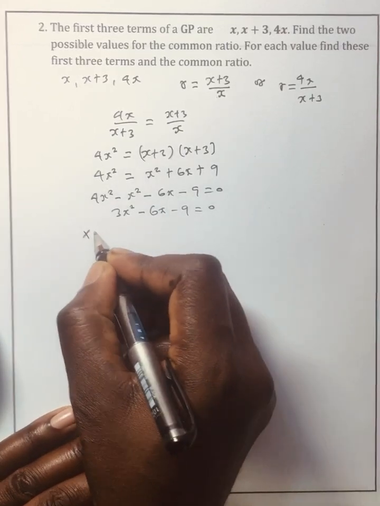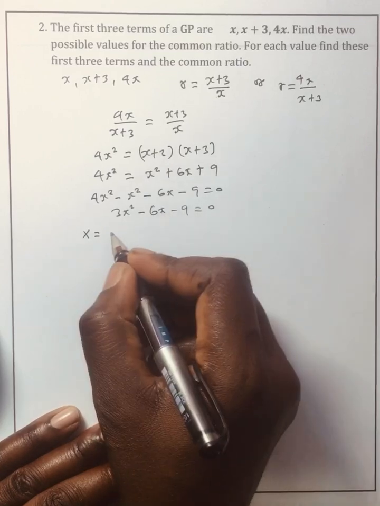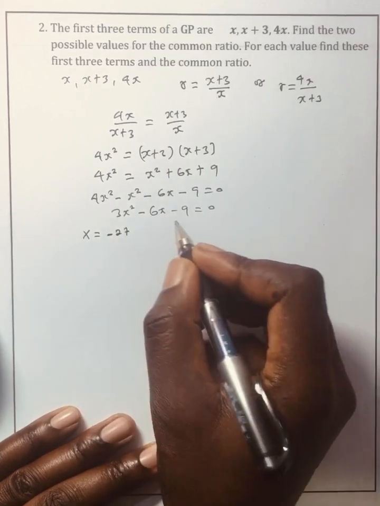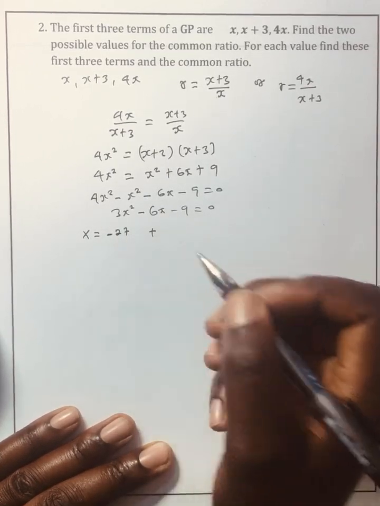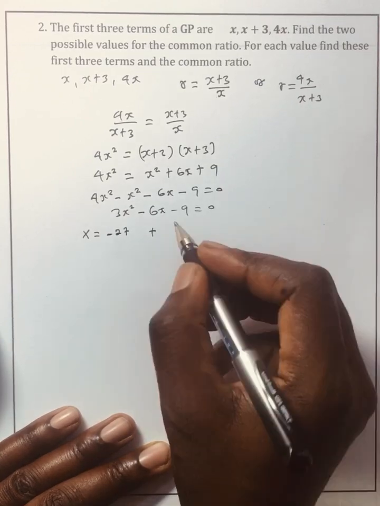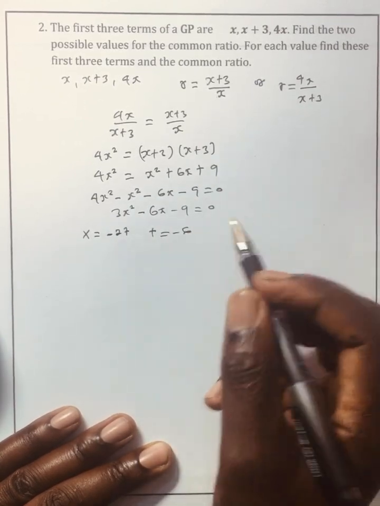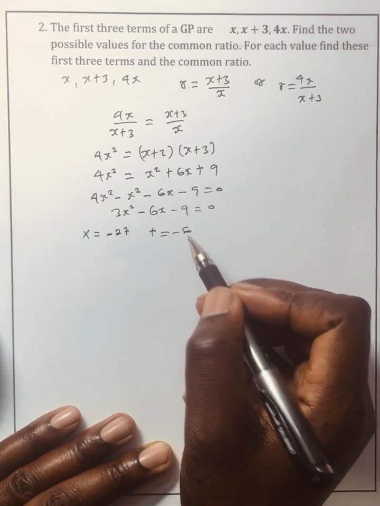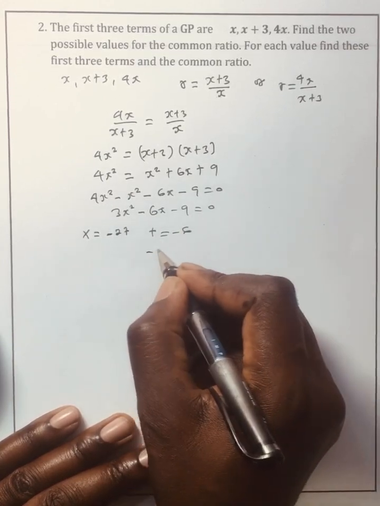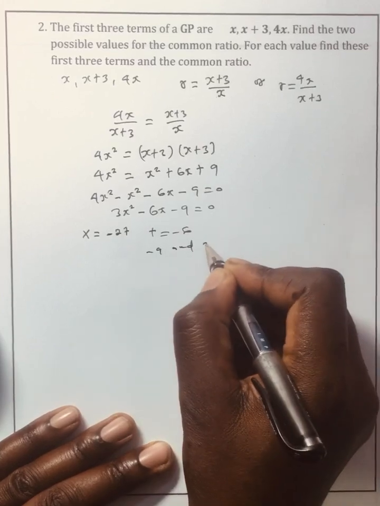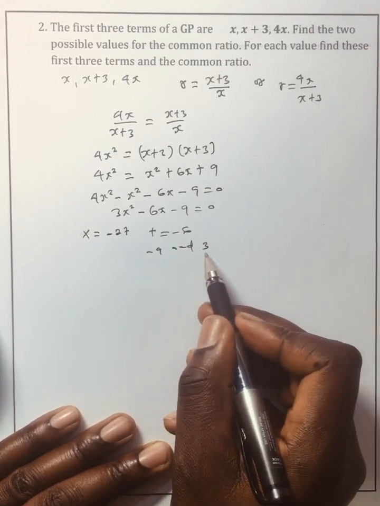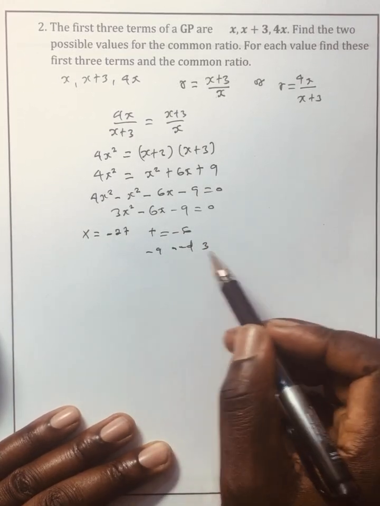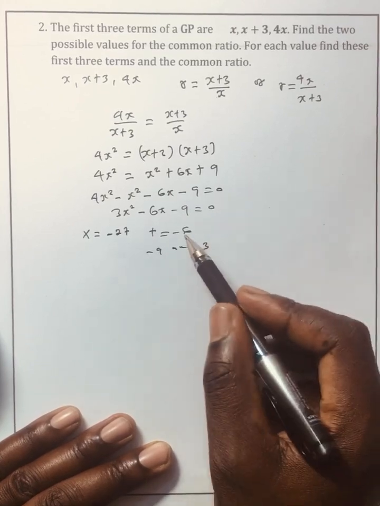So their product should be 3 times negative 9, that is negative 27, and their sum should be the same as negative 6. Those two numbers are negative 9 and 3, because negative 9 times 3 is negative 27, and negative 9 plus 3 is negative 6.